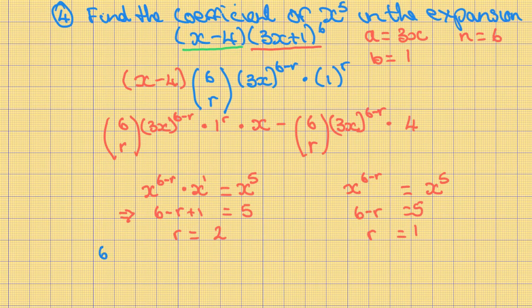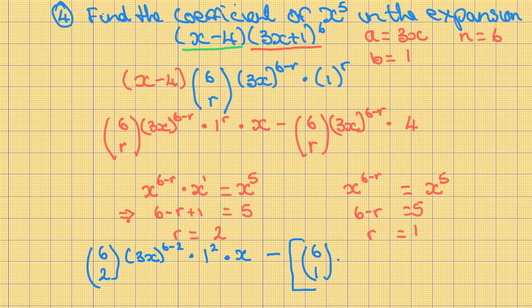Now you can substitute our two values for r. So we get 6 choose 2 times (3x) to the power of 6 minus 2 times 1 to the power of 2 times x, minus, let's put all this in one big bracket so we don't make a mistake, 6 choose 1, (3x) to the 6 minus 1 times 4.